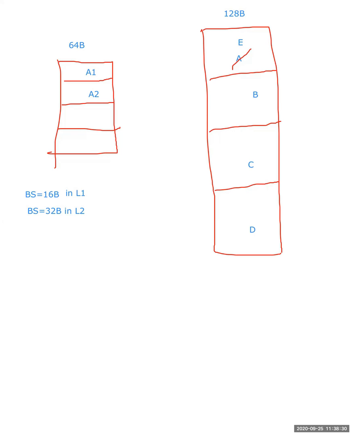If there is a miss, it will go to L2 cache. If there is a miss, then it will go to the main memory. We are assuming there are only two levels of caches at this point. So it will then fetch from the main memory into L2 and also into L1 from L2.